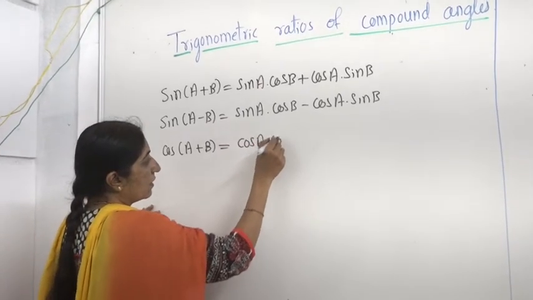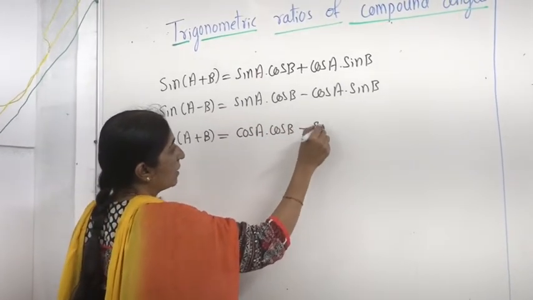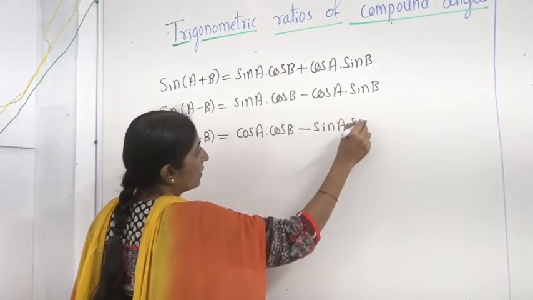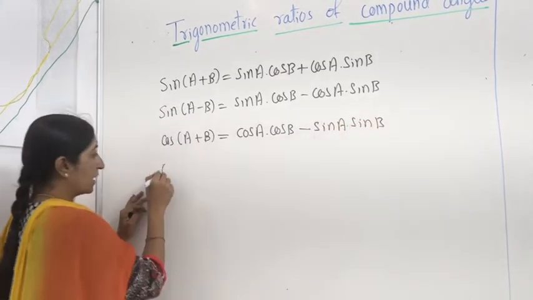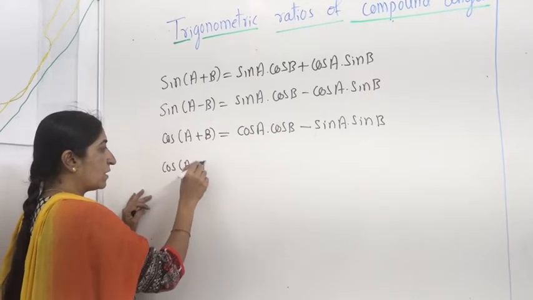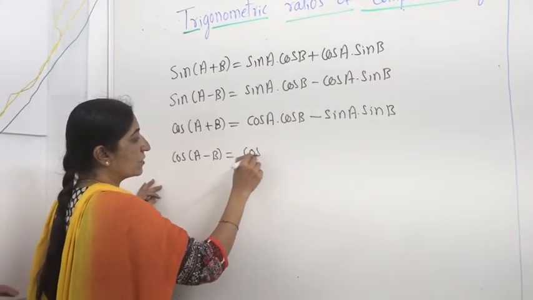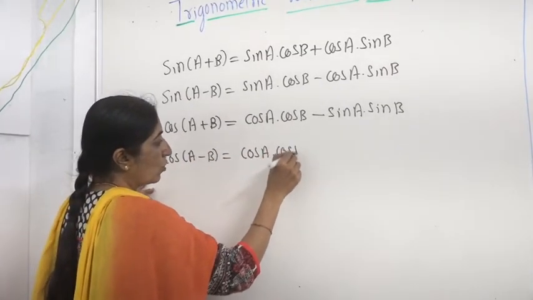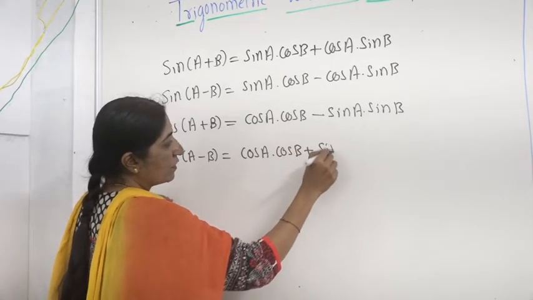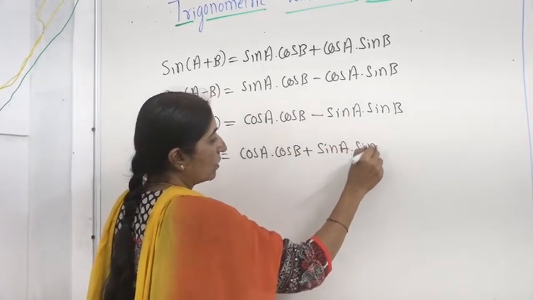Cos(A+B) = cos A cos B - sin A sin B. Next, cos(A-B), just the sign will interchange: cos A cos B + sin A sin B.